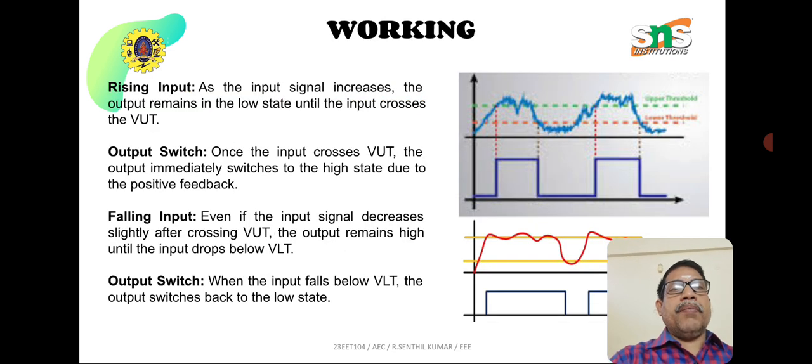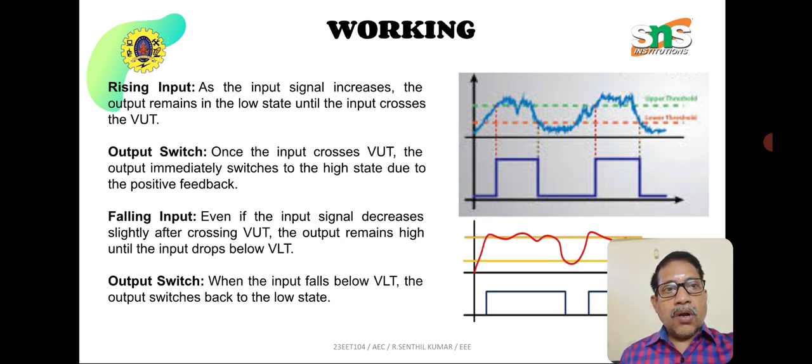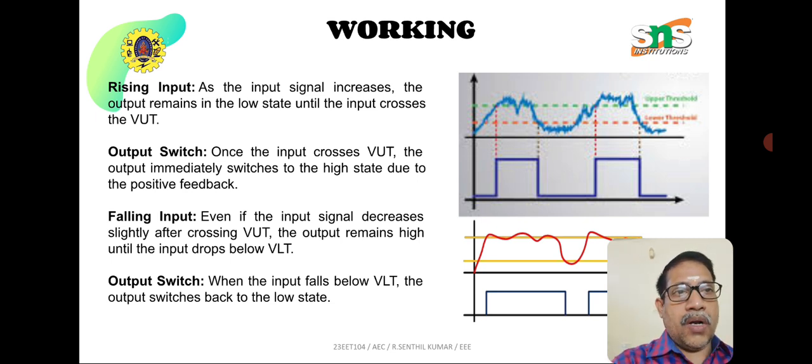Now see an example given here on the right hand side, where there are two waveforms. One is an analog waveform which is continuously changing, given at the top. The lower threshold value is shown in red, and the green horizontal line is the upper threshold value. The blue waveform represents the input analog signal, which may be irregular or regular, whatever it may be.